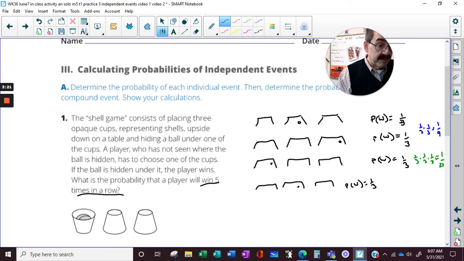But the probability of hitting all 4, 1/3, 1/3, 1/3, 1/3. 4. Getting ahead of myself. This is 1/81. For those of you that can't read my writing, that was 27.